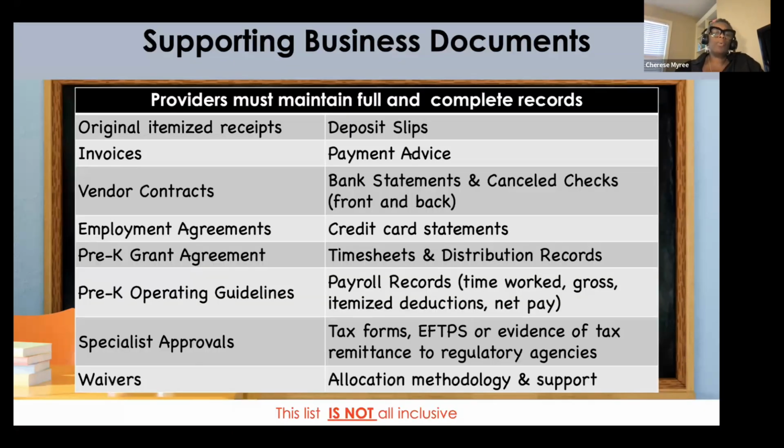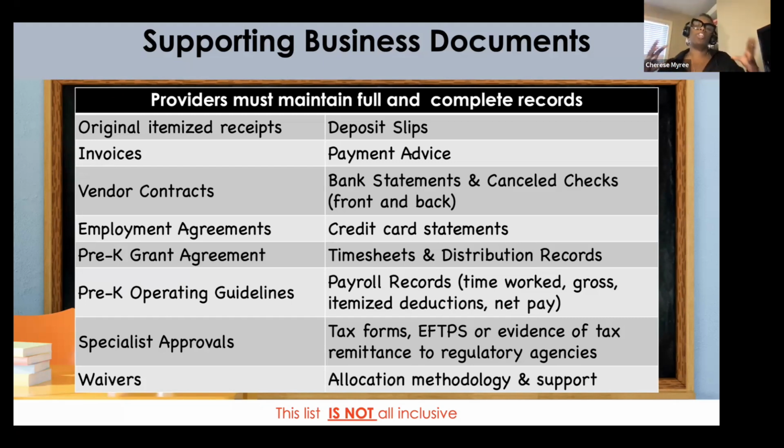And so another thing you want to make sure that you have is supporting documentation that will support that you have allowable expenses. And this is not an all-inclusive list, but it's things like the original itemized receipts, invoices, vendor contracts, any kind of employment agreements, your grant agreement, your processes and procedures, bank statements, canceled checks, credit card statements.